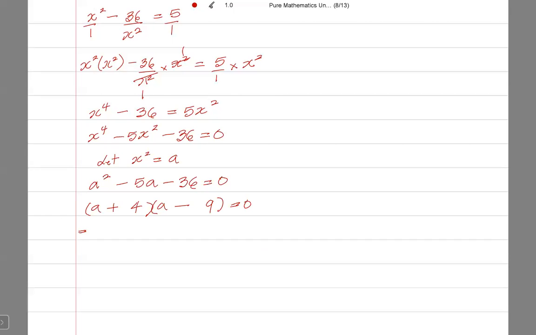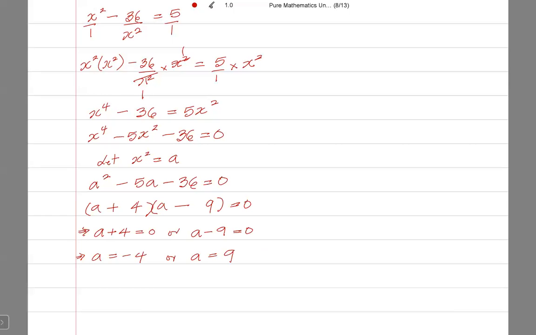So here, I'm multiplying 2 binomials and I'm getting 0. So it's either the first that is equal to 0, or the second, which is a minus 9, that is equal to 0. Therefore, a is equal to minus 4, or a is equal to 9.